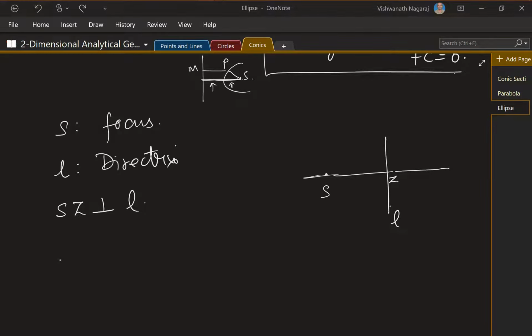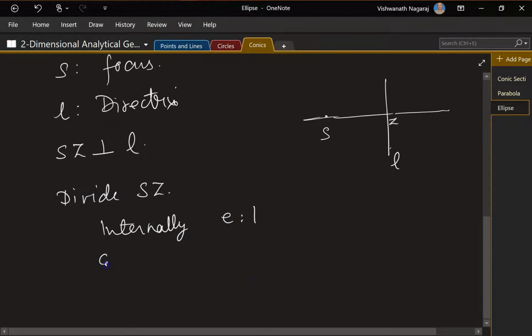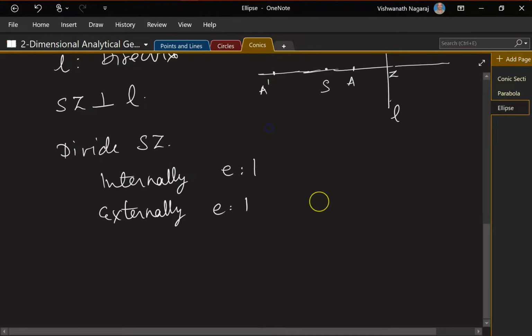So, we divide SZ internally in the ratio of E is to 1 and externally in the ratio of E is to 1, right? So, we have to figure out A such that internally it is, so let us say A, in the ratio of E is to 1, and externally it is, let's say, A dash, E is to 1 externally.